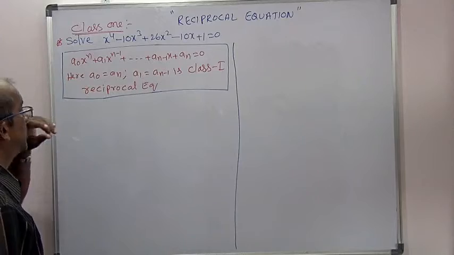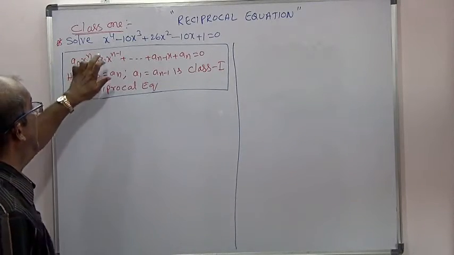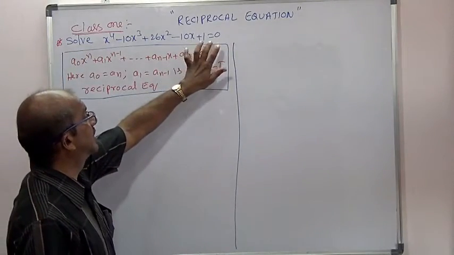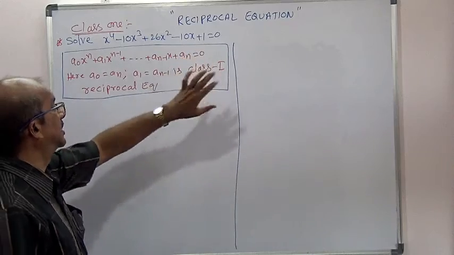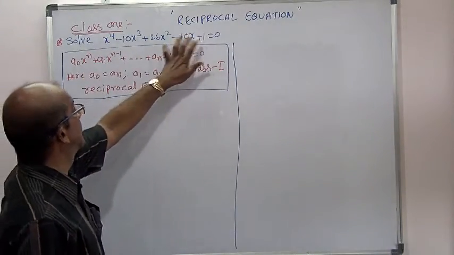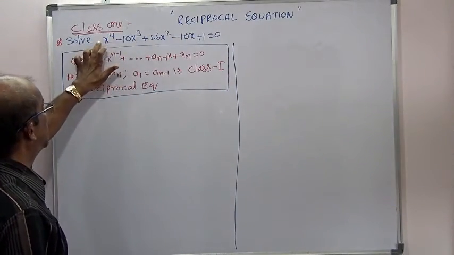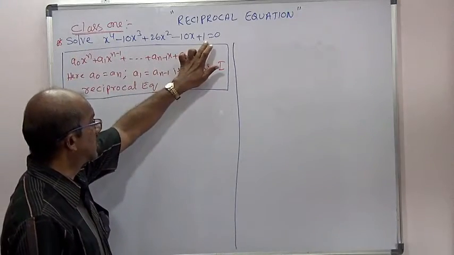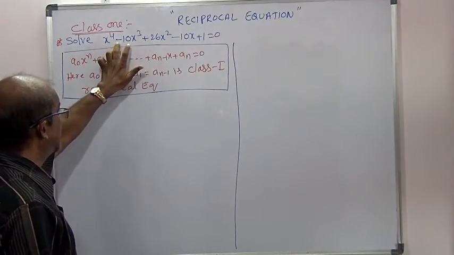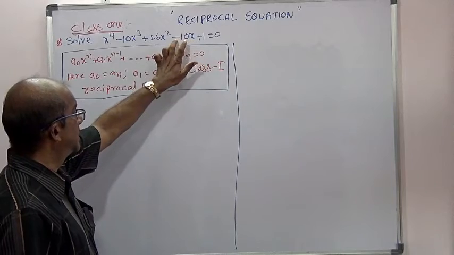But this is a special case where the coefficients of nth degree and n minus ith degree are the same. So x power 4 is positive and here positive 1. X cube is minus 10, and here the x coefficient is minus 10.